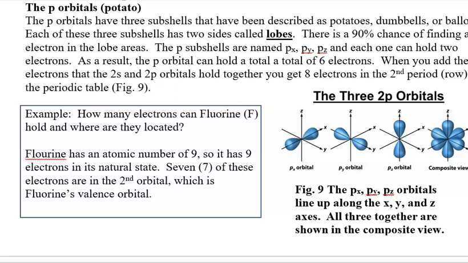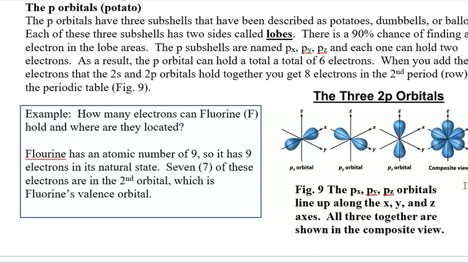And when you put them all together, they look like what you see over here on the right. That's the same thing all put together. And remember, overlapping that is the 1s orbital and the 2s orbital. They don't show that here because it gets too crowded and too busy. But those orbitals are forming spheres right in the middle of where all those potatoes are. Okay?